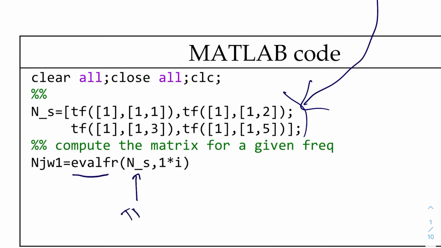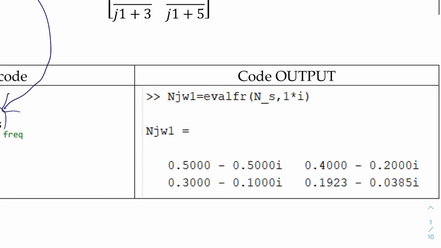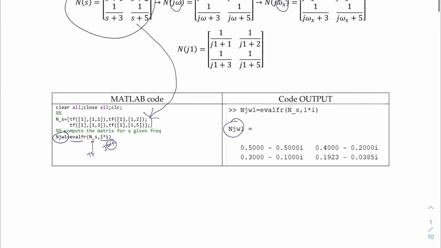Here we have the transfer function, we give it some omega x, and it will give us the complex matrix corresponding to that frequency. Here it is the output, and again this is a complex matrix.